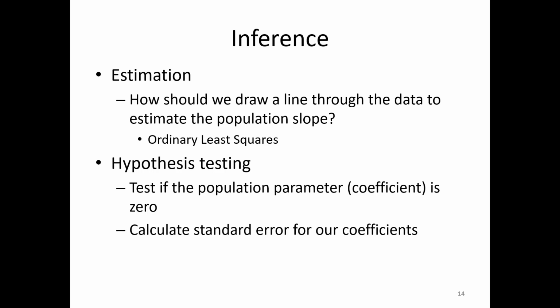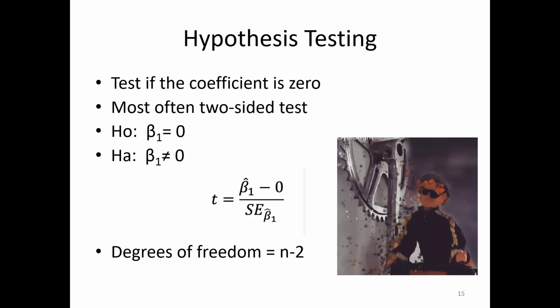And we do this by calculating the standard error for our coefficients, which we just did, and then running a t-test and calculating a p-value. This should all sound familiar. It builds off of the concepts we talked about in comparison of means. So hypothesis testing. Test if the coefficient is 0. It's most often a two-sided test. We set up our null as beta 1 equals 0, and our alternative is beta 1 not equal to 0.